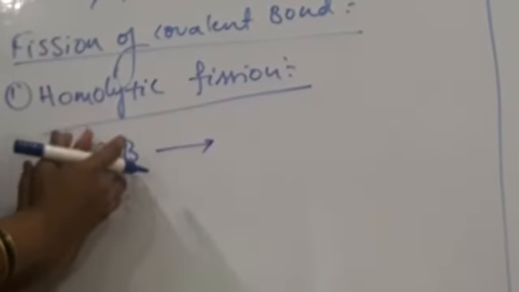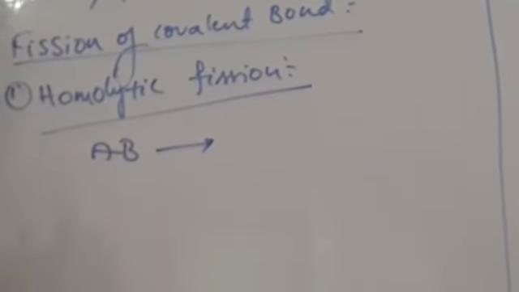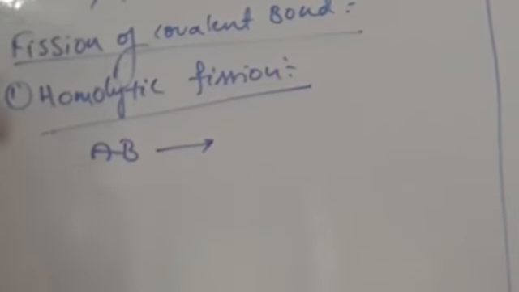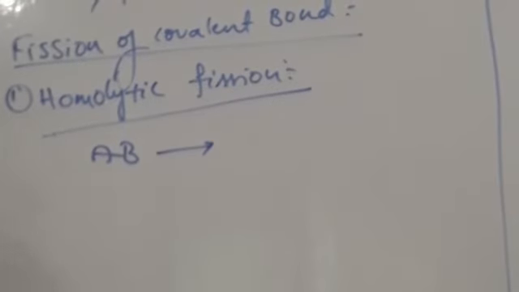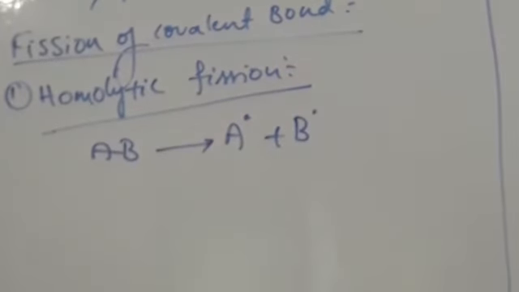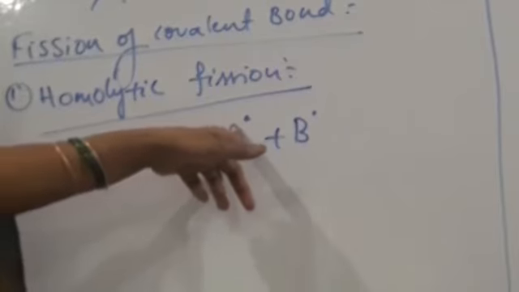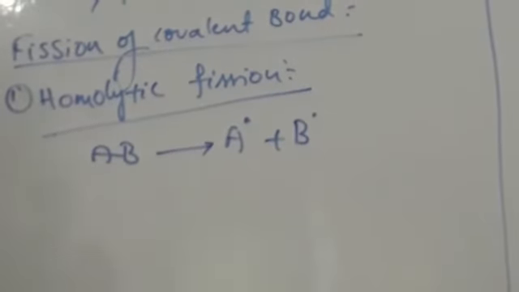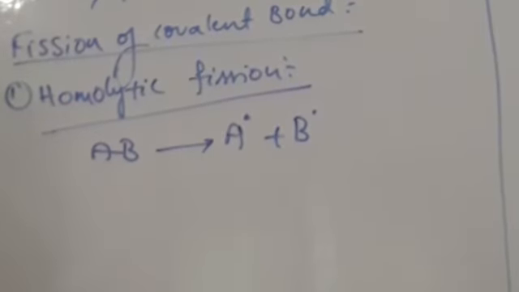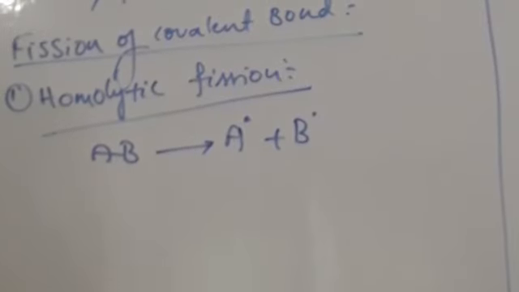The pair of electrons is equally shared by the two atoms: A accepts one electron and B accepts one electron. Then we get A and B, where the dot indicates a single electron. This is also called a free radical. So we get free radicals during homolytic fission.